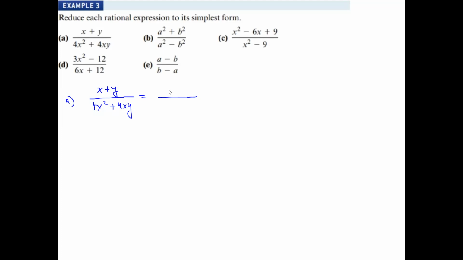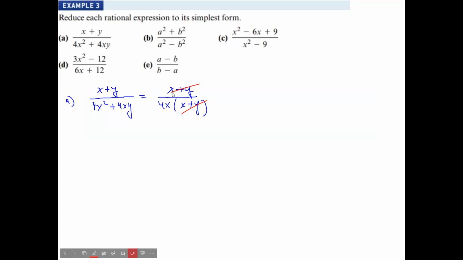So the numerator here, there's nothing we can do about it. In the denominator, we can take 4x outside of the brackets, and I have x plus y, right? We're not going to write restrictions now. It's not something we concentrate on.